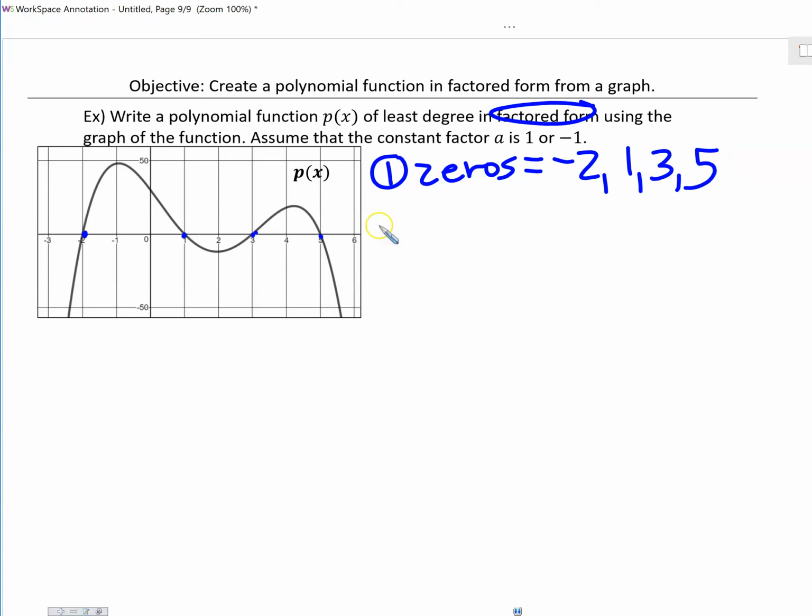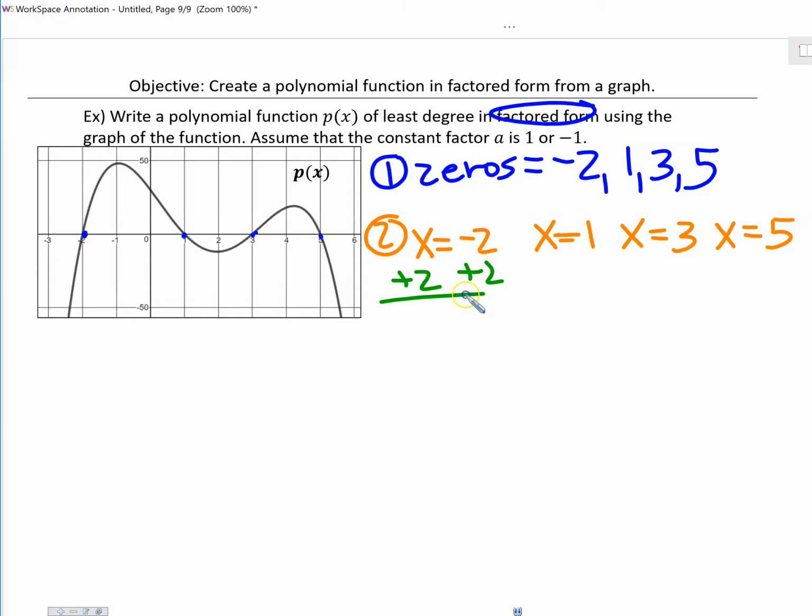So each one of those is an x value, so x either equals -2 or +1 or +3 or +5. So using our algebra here, we'd find our factors. So here I'd add 2, giving me x plus 2 equals 0.